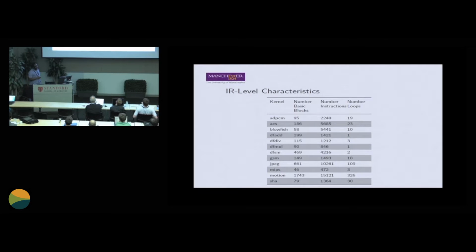The number of instructions gives an idea of how long it's going to be, because there's almost a one-to-one mapping. The number of loops is important because most FPGA compilers try to pipeline your loops, because that's the only way you're going to get a performance increase. So as you can see, this one is really, really complex, and this one as well.